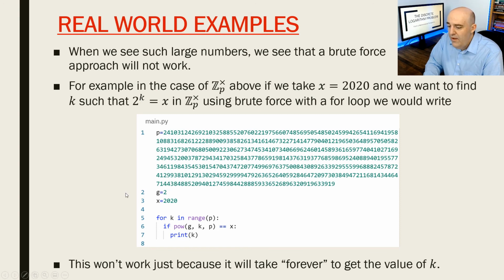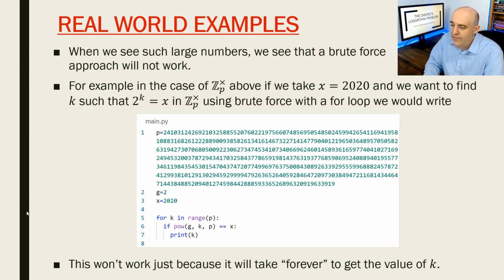And if we try to write a little for loop trying to find that, we can try it. But the point is, the value that we're looking for, k, is so large that this for loop will just never end. Even if we use very powerful computers, it'll just take too long. And it's in that sense that the value of k cannot be found, and that provides the security.